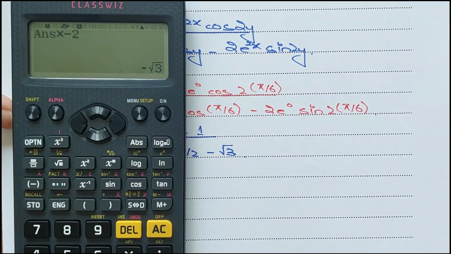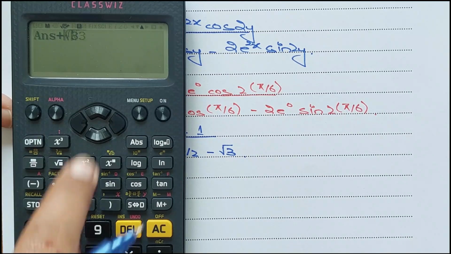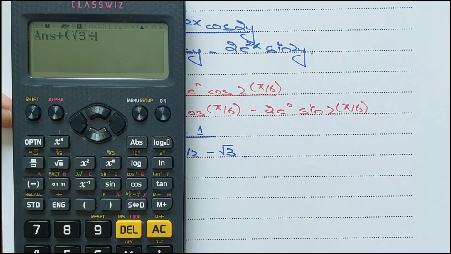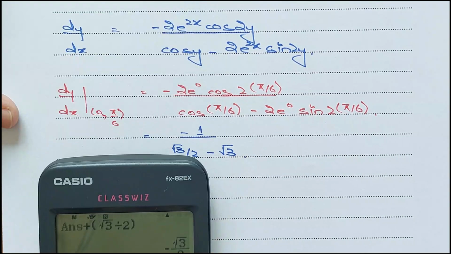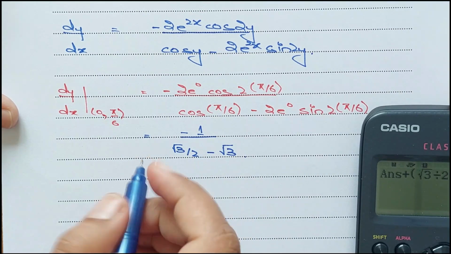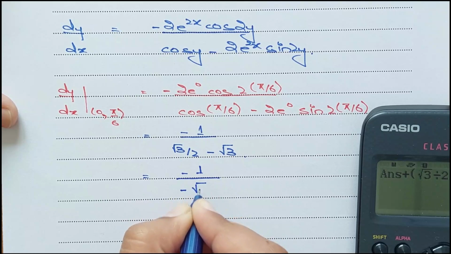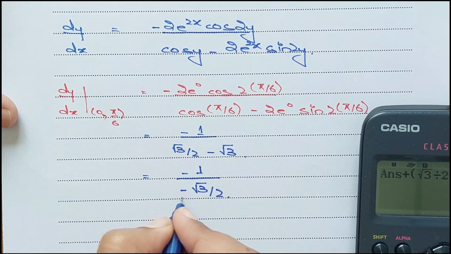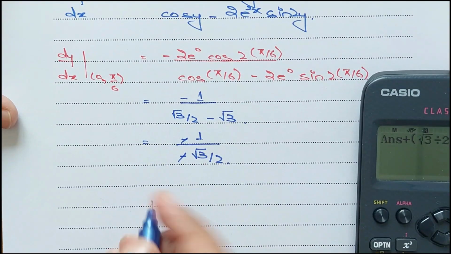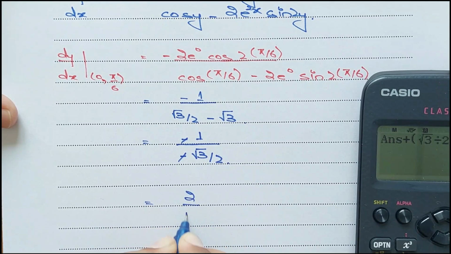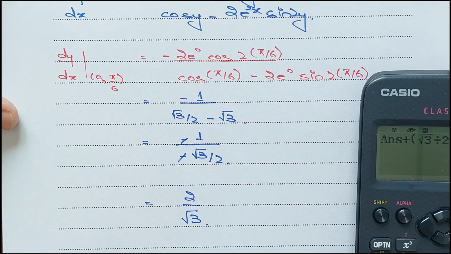Minus square root of 3, we need to add square root of 3 divided by 2 is this term. So this is minus 1 over minus square root of 3 by 2. So the negative sign is cancelled with the negative, so do the reciprocal. 2 over square root of 3 is the exact answer for the gradient.